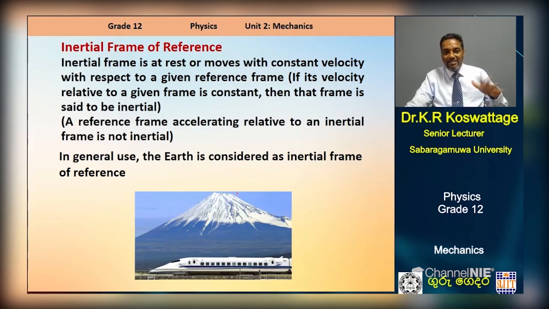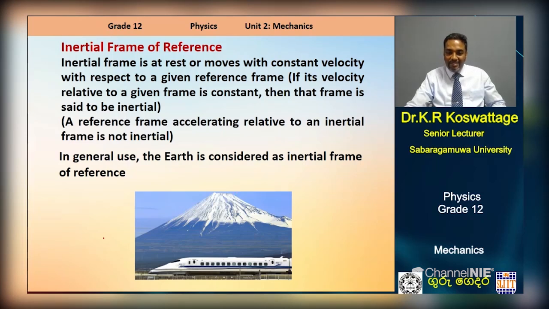If its velocity relative to a given frame is constant, then that frame is said to be inertial. We can simply say a reference frame accelerating relative to an inertial frame is not inertial. In general use, the Earth is considered an inertial frame of reference.